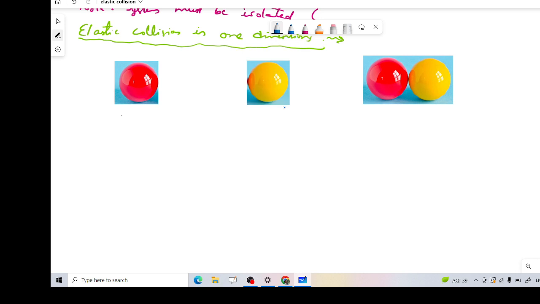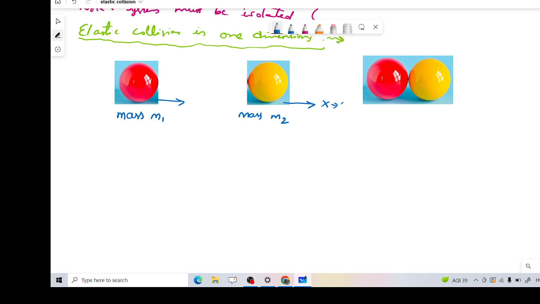Consider one object with mass m1 and a second object with mass m2. Initially they are both moving in a straight line along the x-axis.